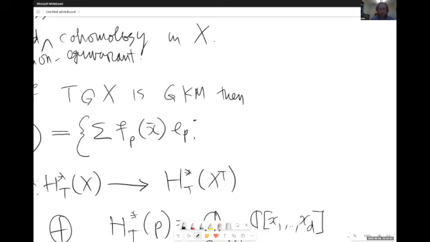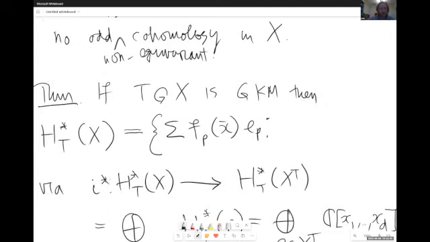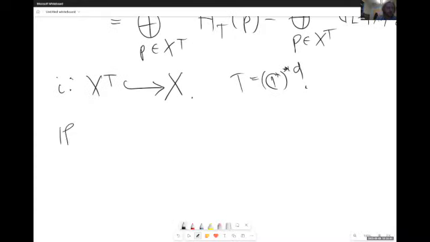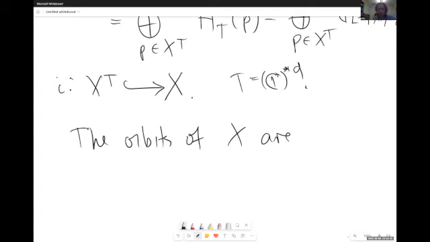Let's see, I should have said something first here. So if the orbits of X are all one-dimensional, so the one-dimensional orbits all look like C star.